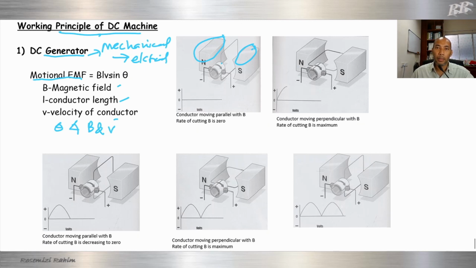This part is the rotating part. We rotate the coil and commutator. This one we call the commutator. We can see that they are half commutators.